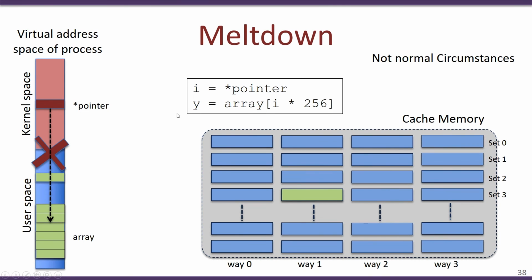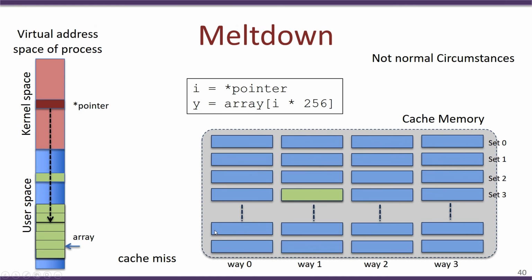In order to do this, the attacker would use something like the prime and probe. In order to find out which cache set was actually used previously, the attacker would start to access every element in the array. Notice that the first element in the table is not present in the cache, and as a result the memory access time would be large due to the cache misses. Similarly, if the attacker accesses the second element, it would also result in a cache miss because it is not available in the cache.